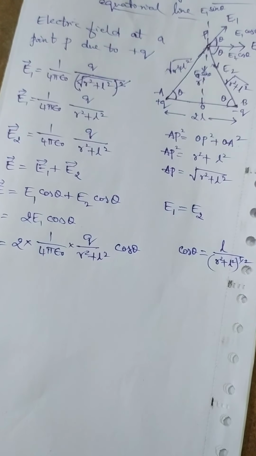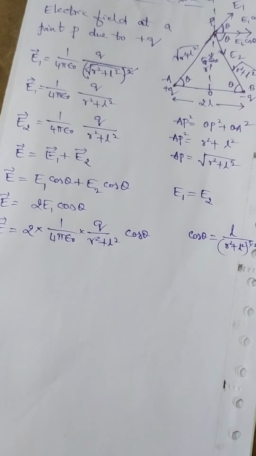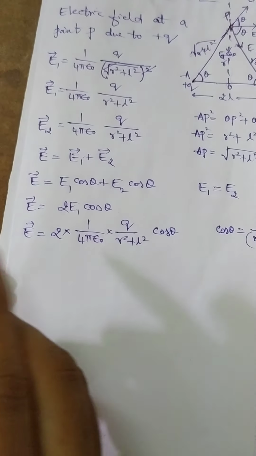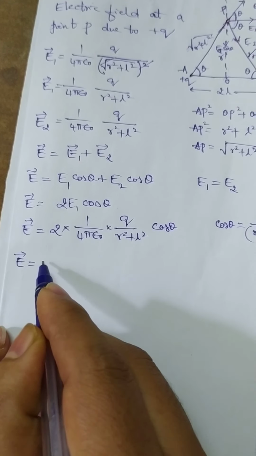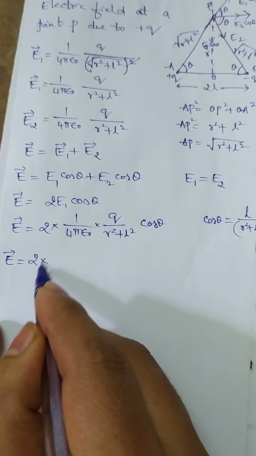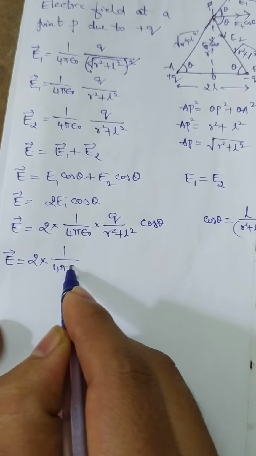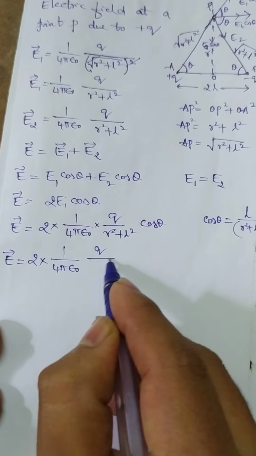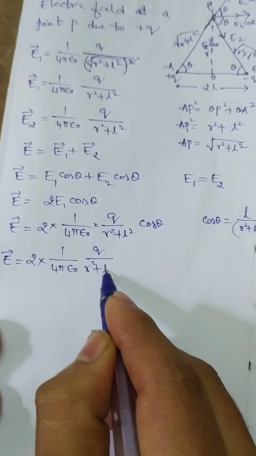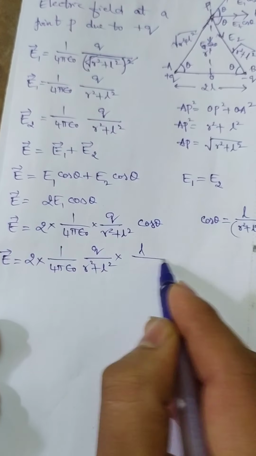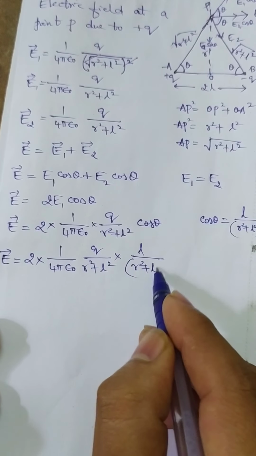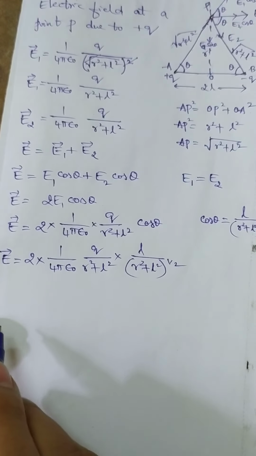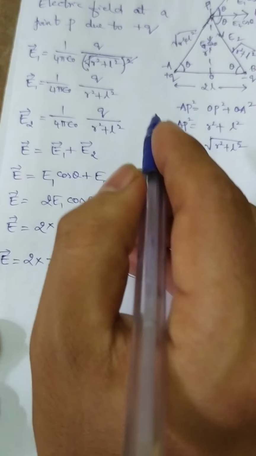Next, vector E is equal to, substituting the value of cos theta, 1 by 4 pi epsilon naught into Q divided by R square plus L square, into L divided by R square plus L square to the power of half.